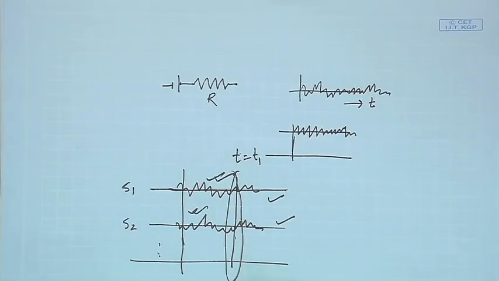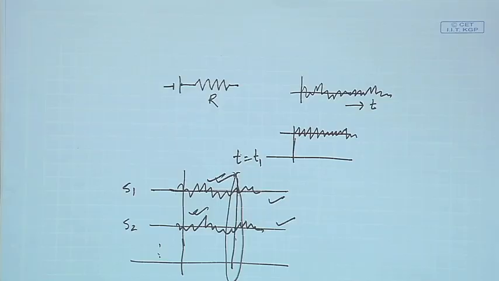If I take a snapshot at a particular time, we get different values reported, and those will be random values at a particular instance. So, this is actually a random variable.